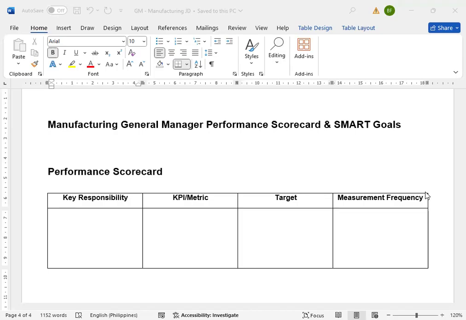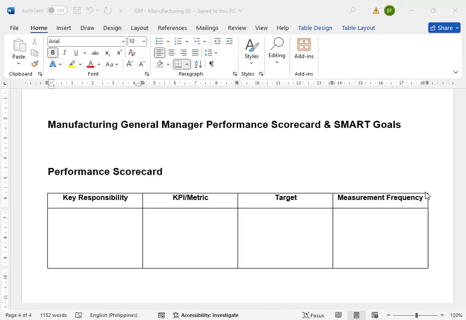A performance scorecard is a structured tool used to measure, monitor, and improve key performance indicators or KPIs within an organization. It aligns goals with operational execution and provides a clear framework for assessing success.